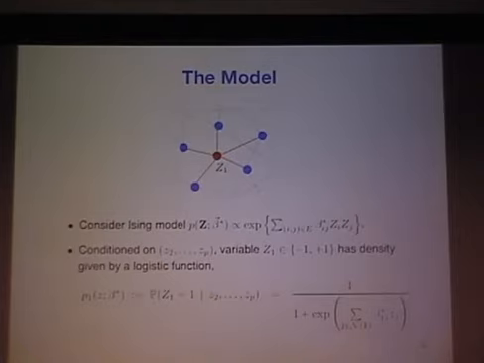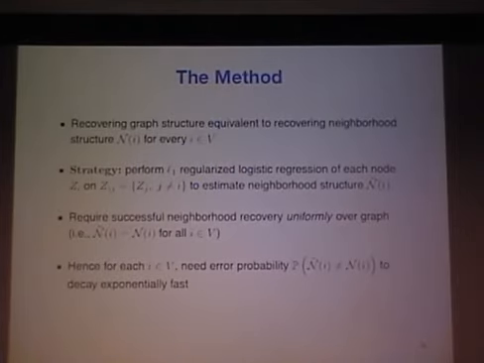So the strategy is to try to uncover the structure of the graph by doing a logistic regression of each node on all of the other nodes in the graph, but penalizing the coefficients with an L1 penalty in order to get sparsity. So that's the technique we're going to use. We perform this L1 regularized logistic regression, and then we look at the 0 pattern in the coefficient vector.